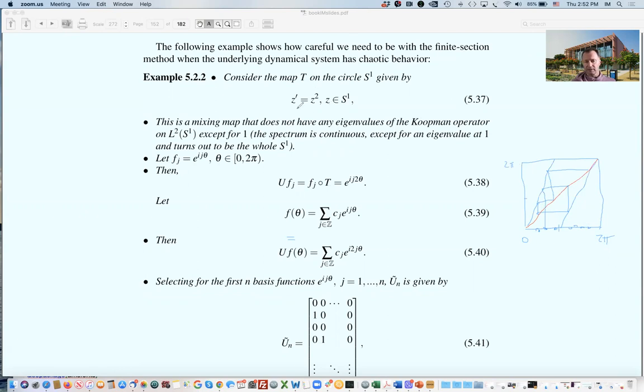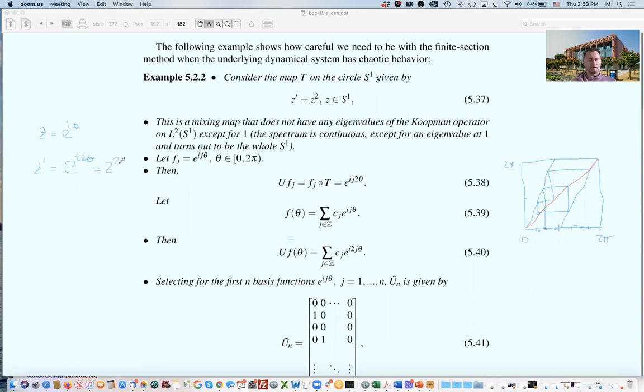In complex notation, we have z prime is z squared. If you write z to be e to the i theta, then z prime is equal to e to the i 2 theta, which is exactly z squared.